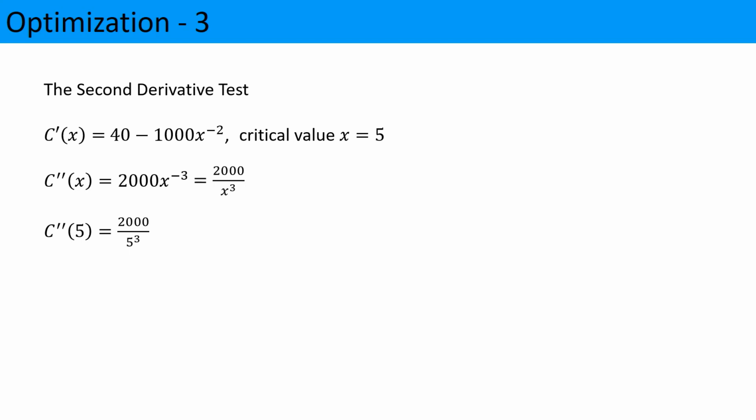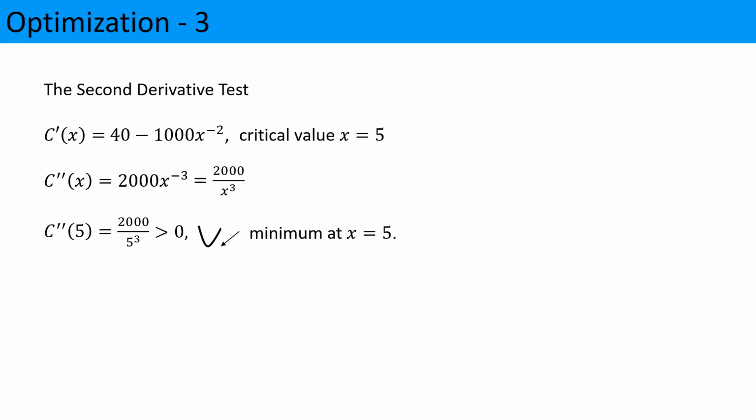Since you're dividing a positive number by a positive number, we know that that's going to be positive, or greater than 0. And when the second derivative is greater than 0, then we have concave up. And when you have concave up, the most extreme point is the minimum. So we have a minimum at x equals 5.